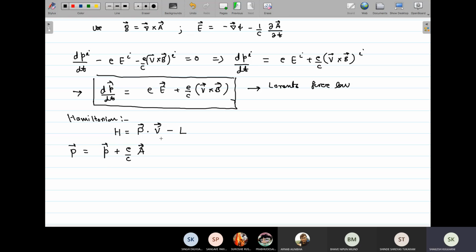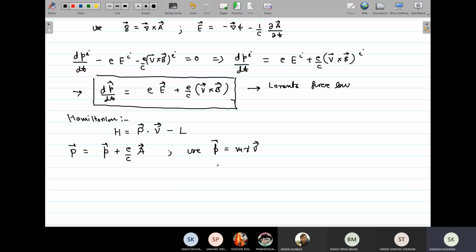Now, to calculate the Hamiltonian we need to express these velocities in terms of this capital P, and also the Lagrangian in terms of this capital P. So you use the following relation: p equal to M gamma V, and you invert this.